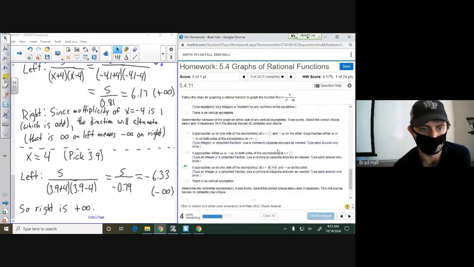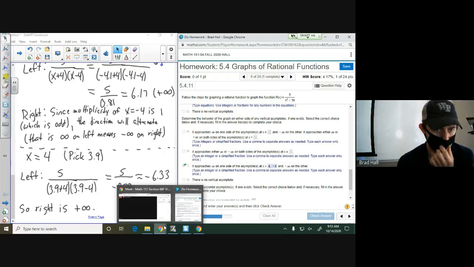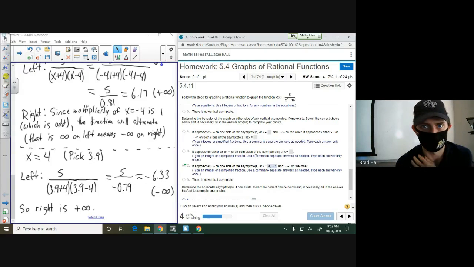That's why I'm choosing answer choice C here. It approaches infinity on one side and negative infinity on the other for both of these asymptotes, because their multiplicities are both odd numbers. They're both 1. This is a thought process that once you're familiar with will save you a lot of computation.